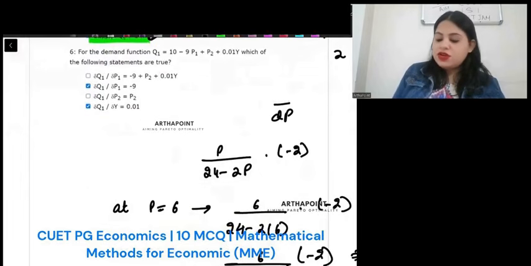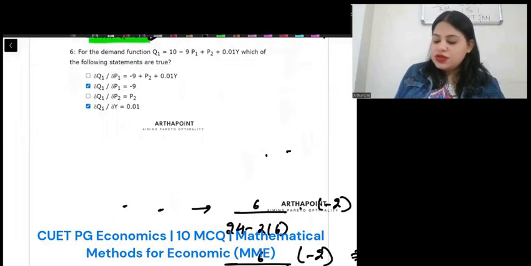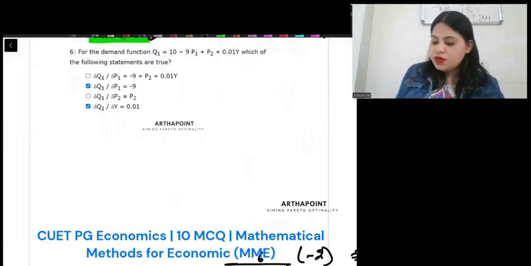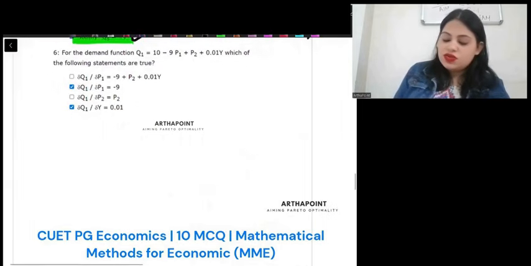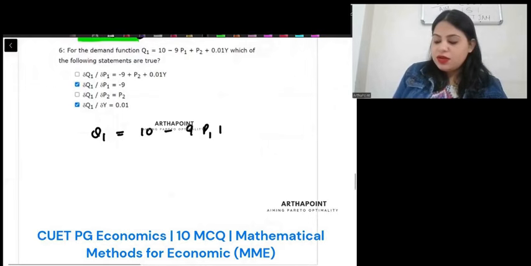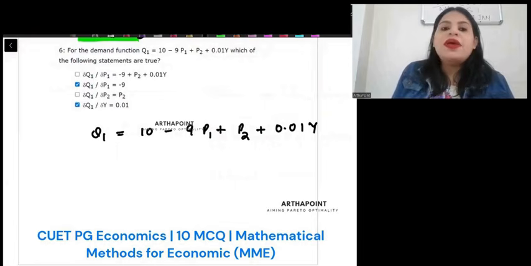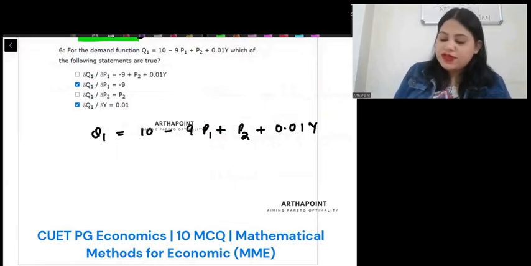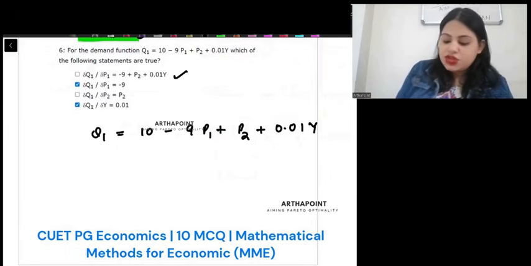For the demand function, which of the following statements are true? So the demand function given to you is Q1 is equal to 10 minus 9 P1 plus P2 plus 0.01 Y. Which of the following statements is true? Look at the first one, beta. If you differentiate this, partial hoga.